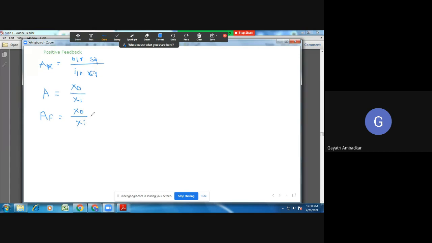But what is Xi in case of positive feedback? Xi becomes Xs plus Xf, original signal plus feedback signal. Because it is positive feedback, I'll write plus Xf. So this Xi will be replaced by Xs plus Xf. Agree?